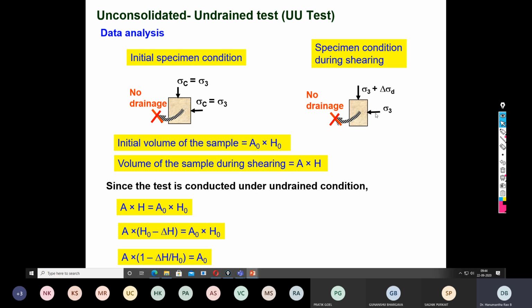If you equate both the volumes, you can compute how the cross-sectional area of the sample increases or decreases as you apply load. The change in area is the initial area divided by 1 minus the applied strain.